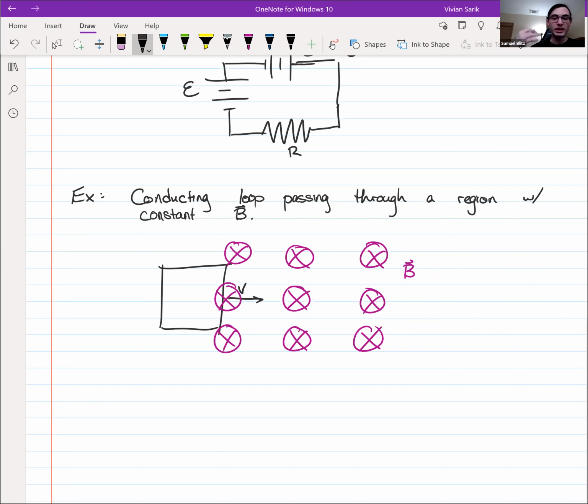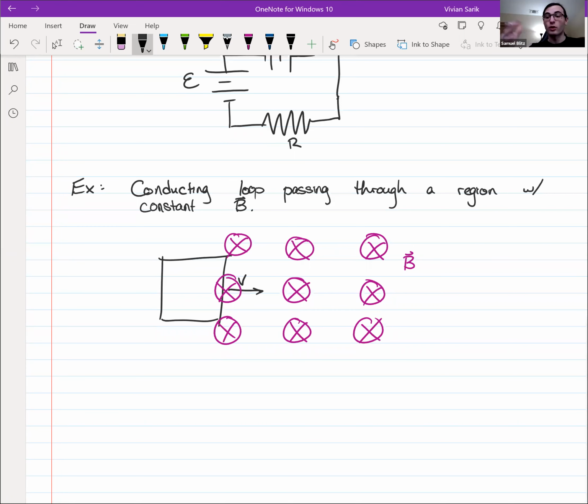So initially, at this moment in time when the loop is just entering the magnetic field, from the conceptual perspective of the motional EMF, you only have one side of your conductor that experiences a magnetic field.